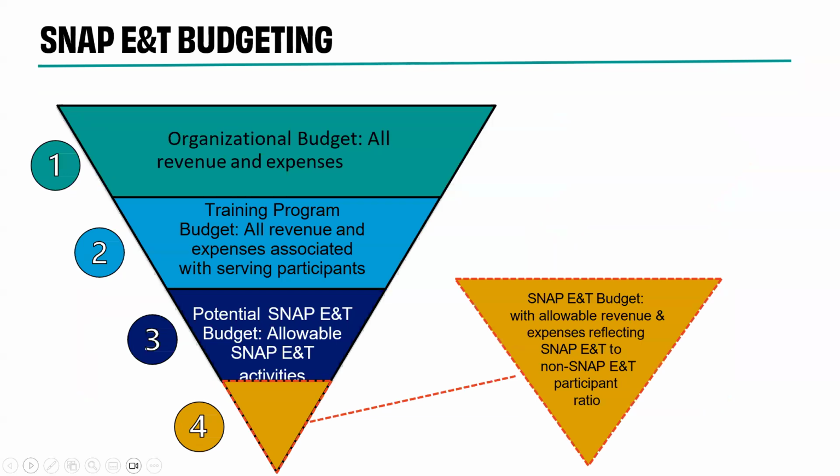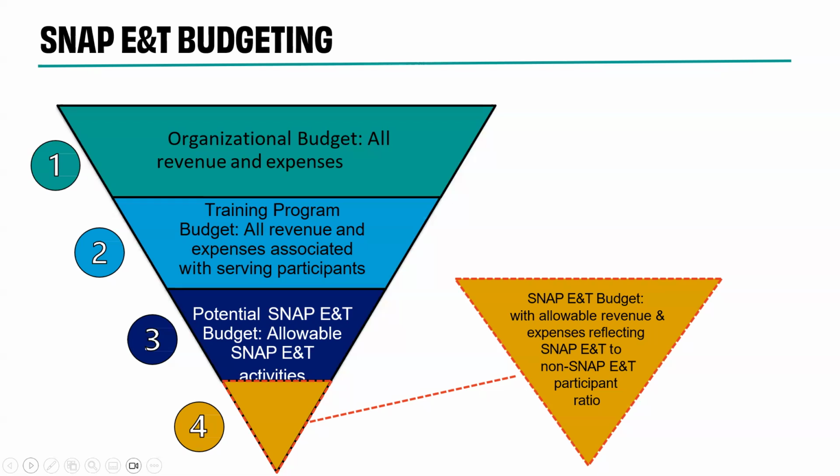You probably remember this graphic too. When we met the last time in the last webinar, we provided some examples on how to assess your funding sources, and we gave you some examples of allowable costs. We talked about analyzing your overall organization's budget by identifying revenue streams as well as expenses, then narrowing it down to identifying the training revenue and expenses that you're currently providing, and then narrowing it down even further to identify the potential SNAP employment and training budget for approved employment and training activities.